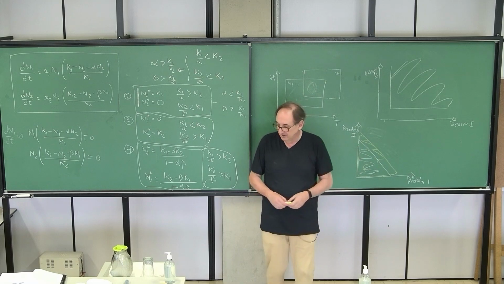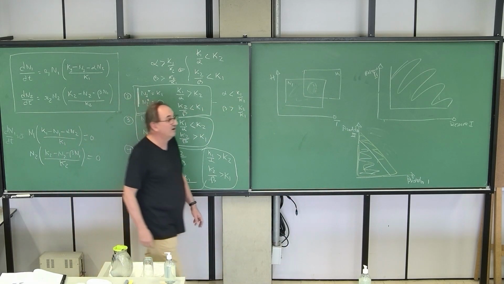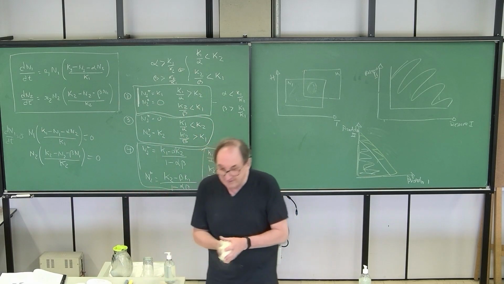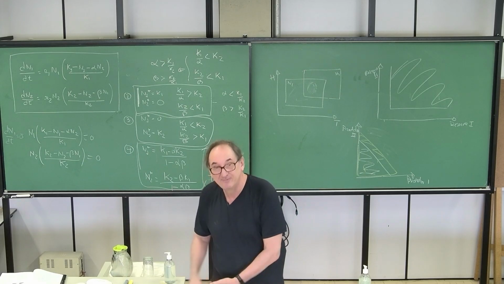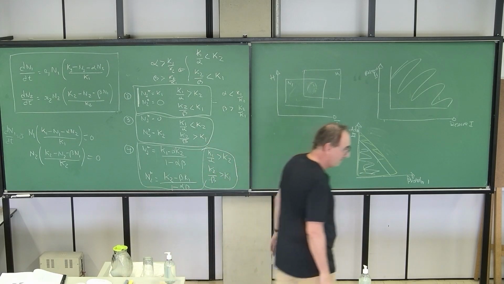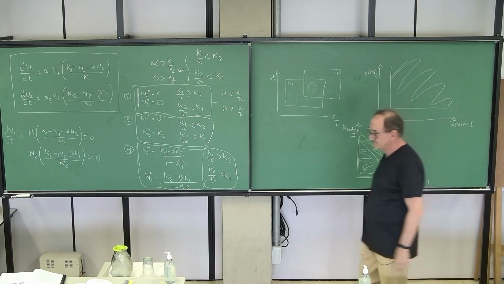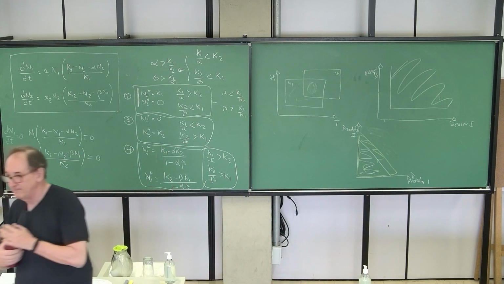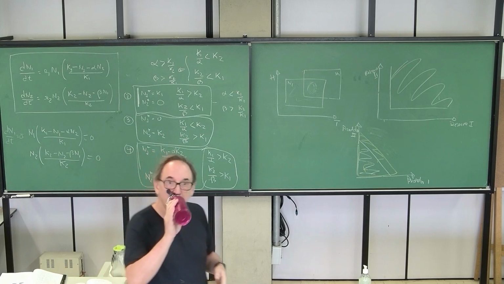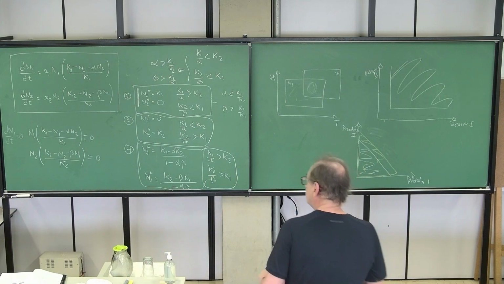Okay. And now more real-life explanations of mechanisms for coexistence. They could coexist because of a common predator that controls them.